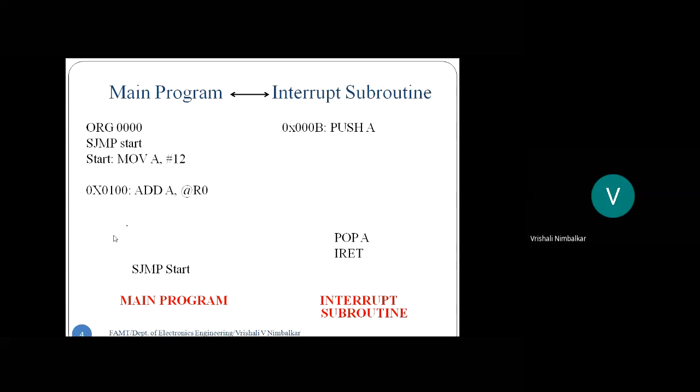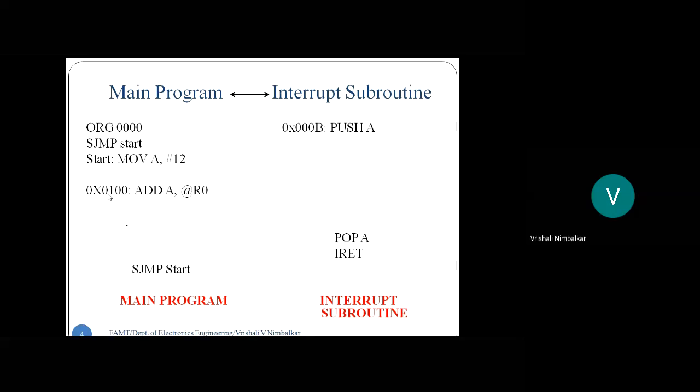So for example, I have written some program here at 000 hex, MOV A, 12, at 100 location there is ADD A, so some program has been written indicating that it's a main program. Correct? Now suppose the microcontroller is continuously busy executing the main program, and when it is executing the instruction at 100 hex, suppose an interrupt arrives.